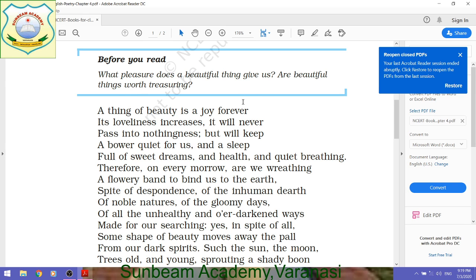The poet says that the thing of beauty which is present here on the earth is a constant source of beauty and a constant source of joy and happiness for us. Its value never decreases. A thing of beauty is a shelter for us. It gives us sound sleep full of sweet dreams.